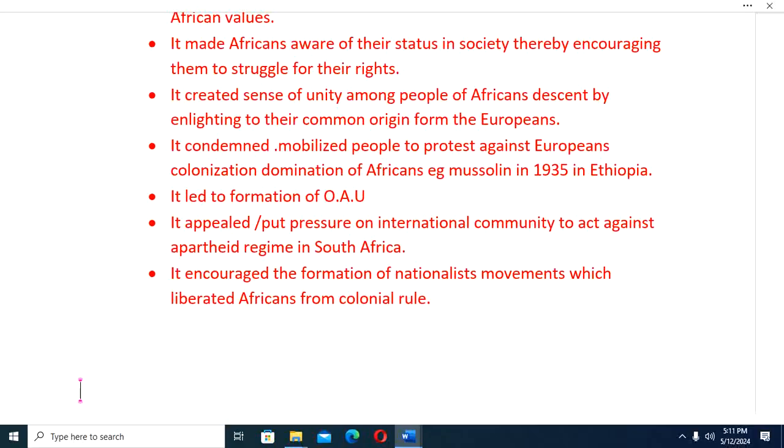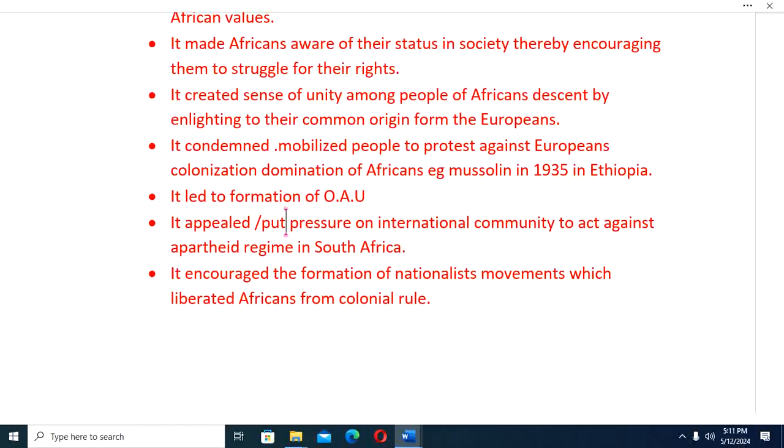Next, it led to formation of OAU. Next, it put pressure on the international community to act against apartheid regime in South Africa. Next, it encouraged the formation of nationalist movements which liberated Africans from colonial rule.